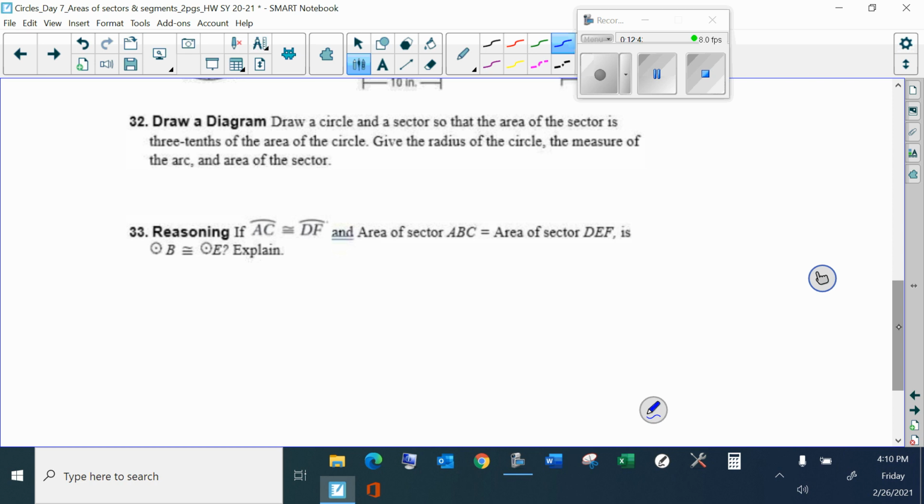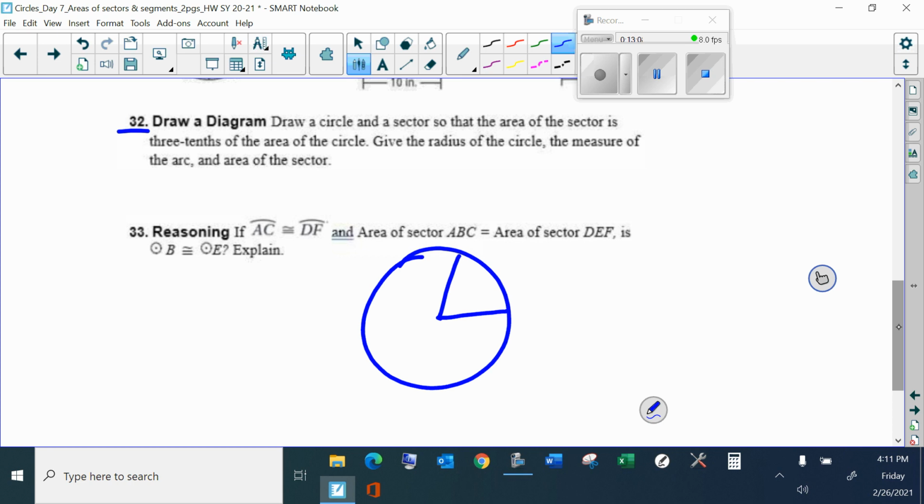Okay. These are good, challenging questions, 32 and 33. So 32 is a tougher one. Draw a circle and a sector. So I have a sector here.